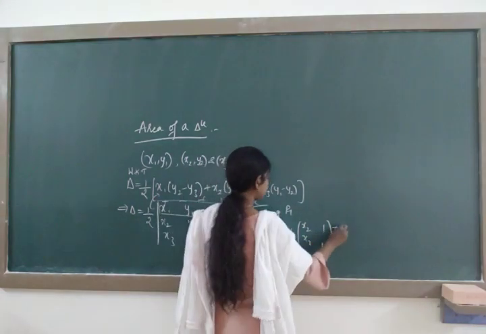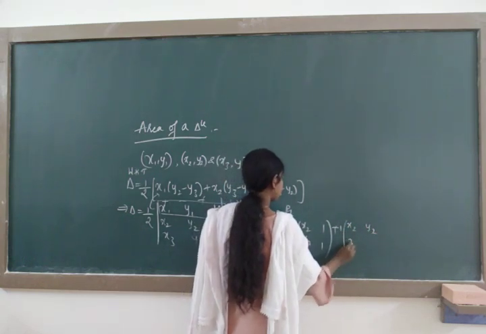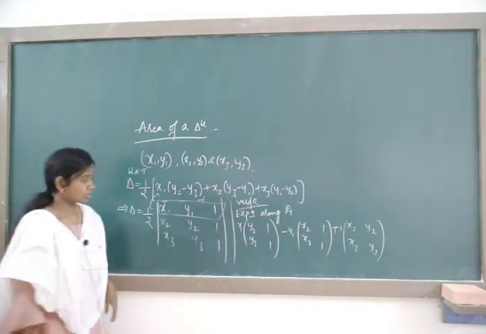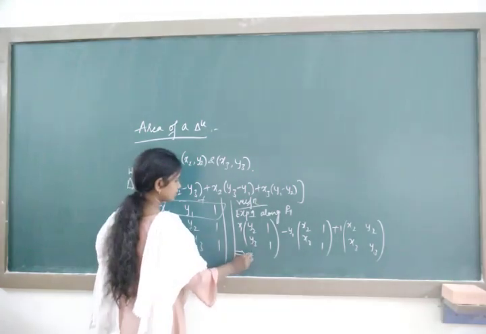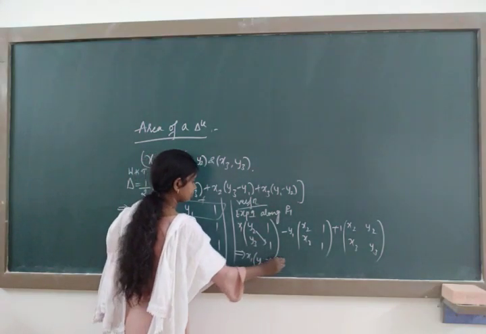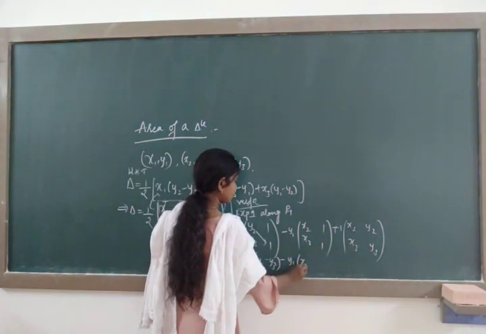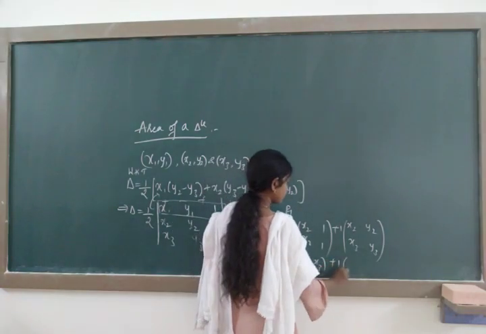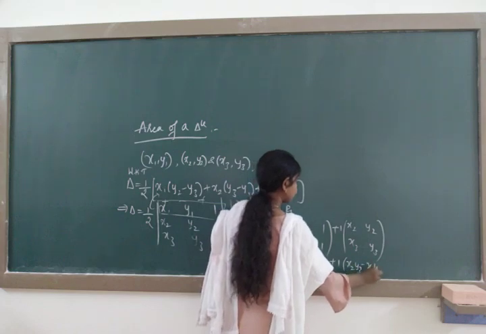Now plus 1 of x2 y2, x3 y3. Now expand this, what do you get? x1 of y2 minus y3 minus y1 of x2 minus x3 plus 1 of x2 y3 minus x3 y2.